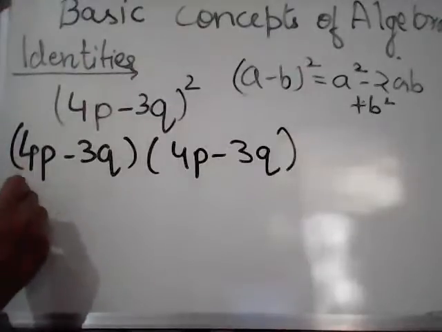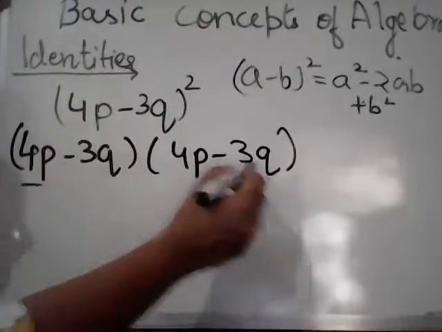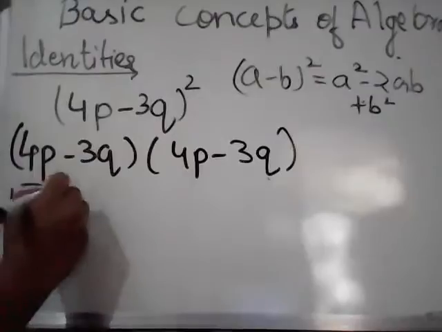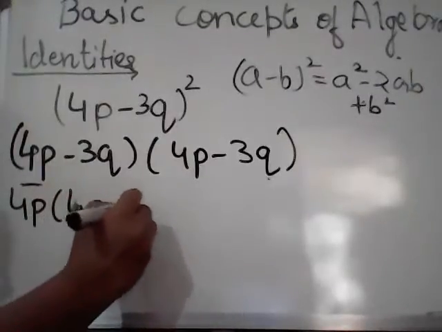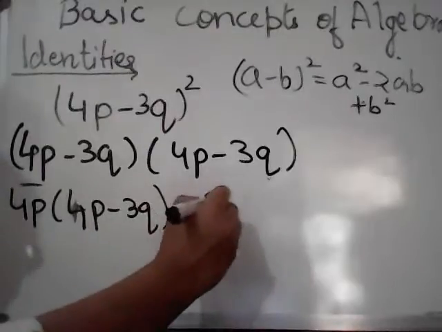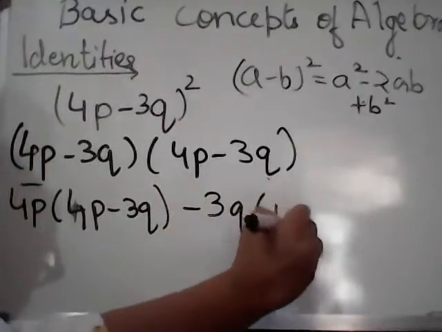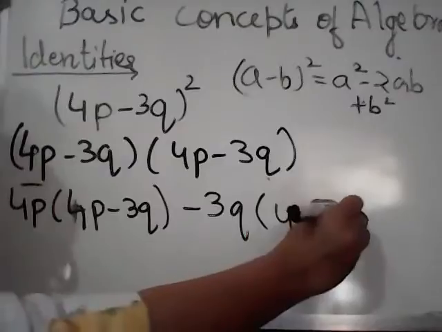We'll first multiply the first term, 4P, with both the terms, then minus 3Q with both terms, and this 4P minus 3Q.